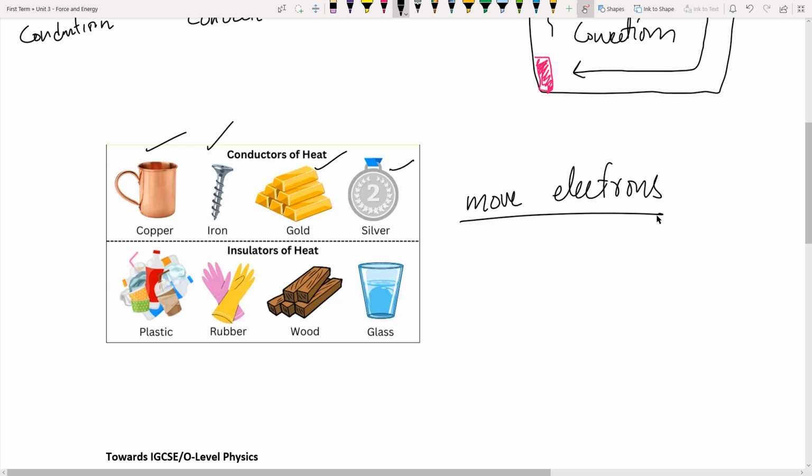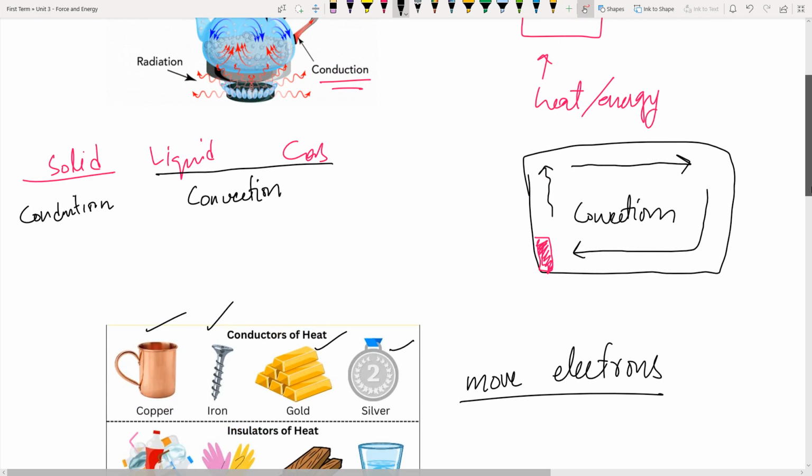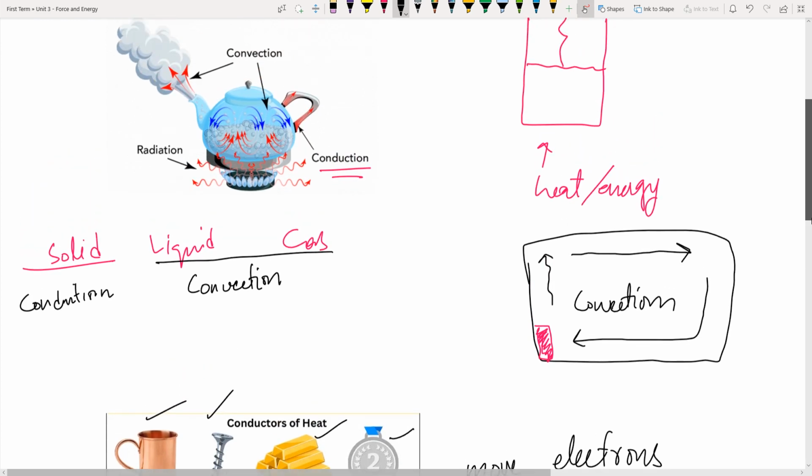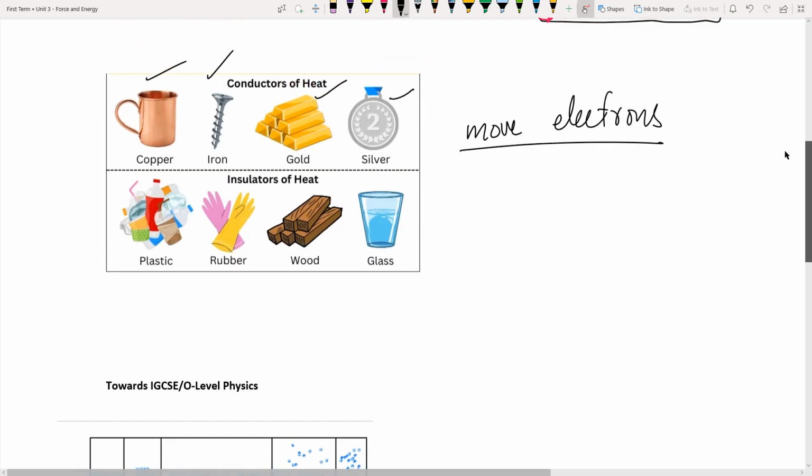That means we do know that metals have free electrons, so that is why they are the best conductors of heat. Now these materials also have electrons, but they are not free to move about. Hence, they are not able to carry the thermal energy that we're giving. So that's the difference between conductors and insulators, right?